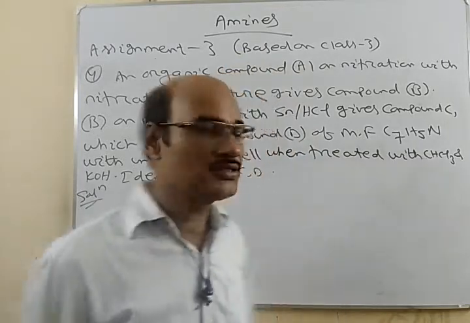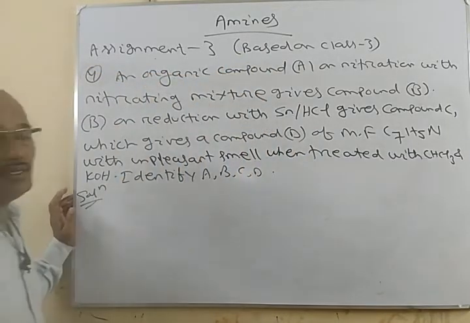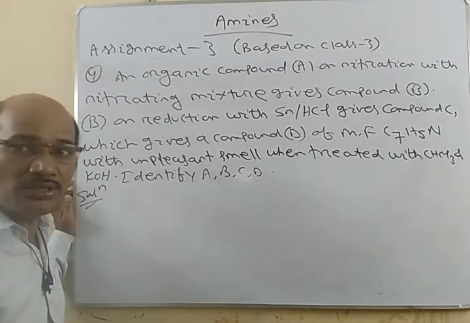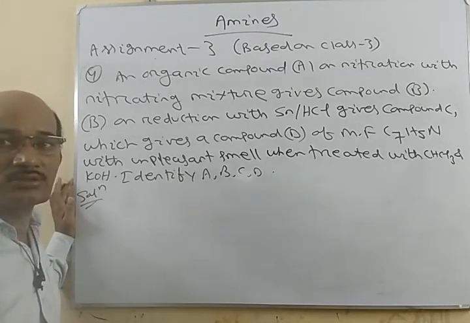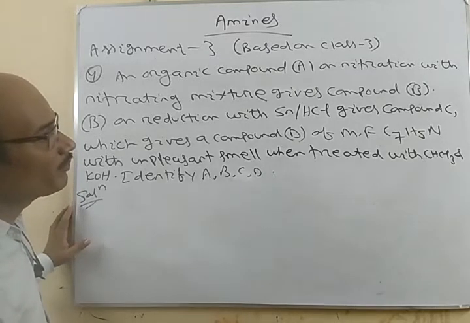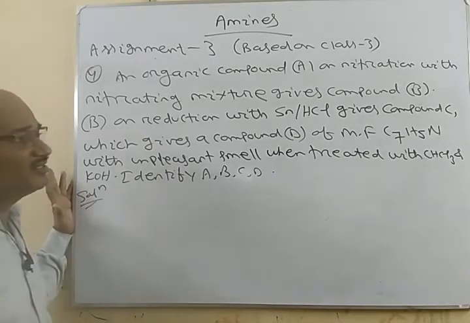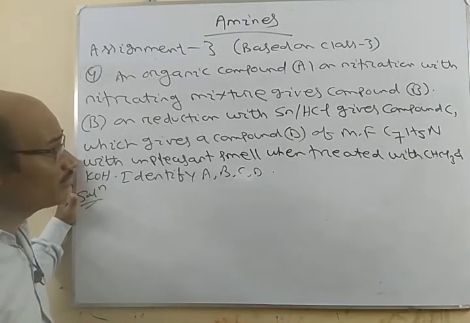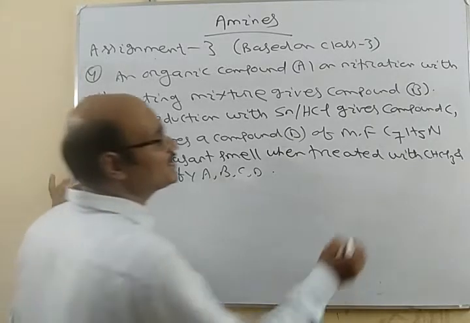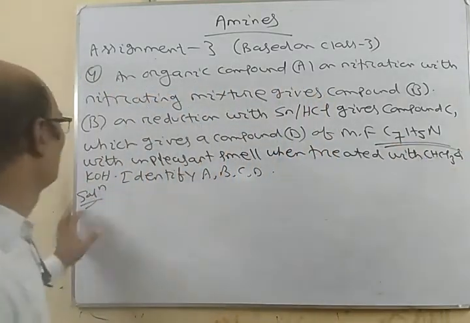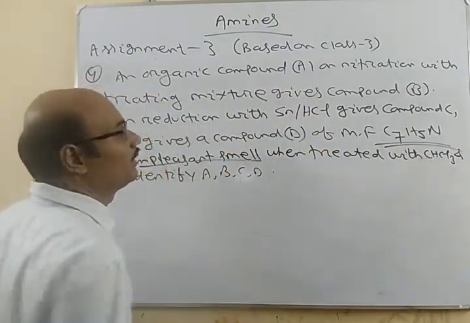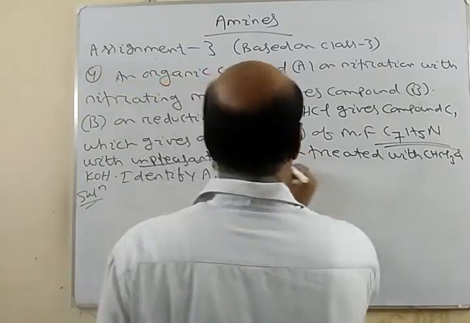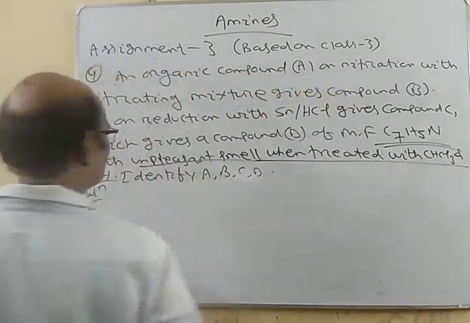Now another one. An organic compound A on nitration with nitrating mixture, that means concentrated HNO3 and concentrated H2SO4, gives a compound B. B on reduction with Sn gives compound C, which gives a compound D of molecular formula C7H5N with a pungent smell when treated with CHCl3 and KOH.